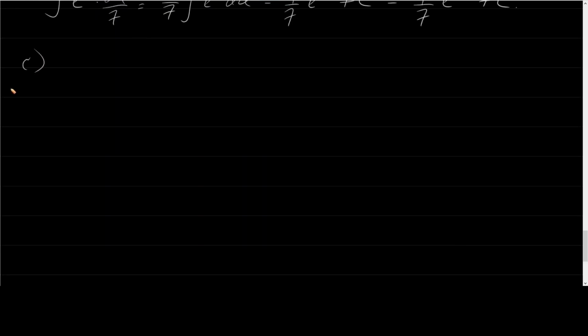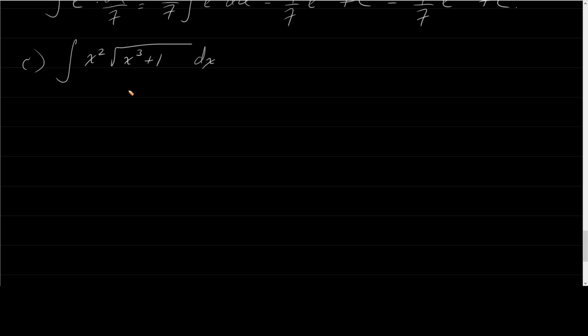Next one, c. Let's say I had the integral of x squared times the square root of x cubed plus 1 dx. Again, we want to make a u substitution in such a way that things cancel out.